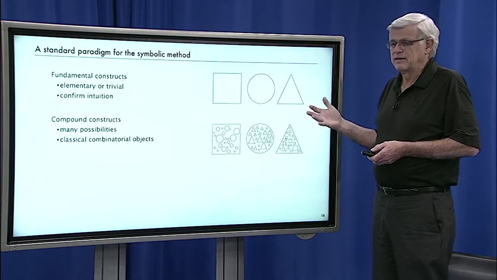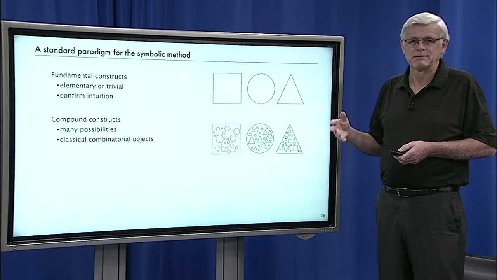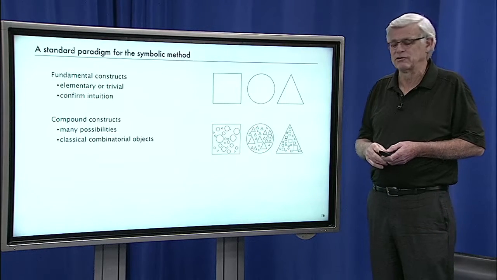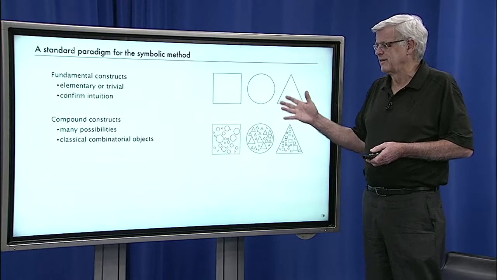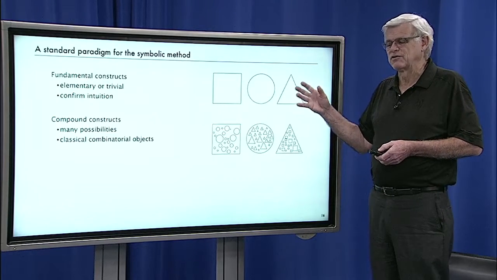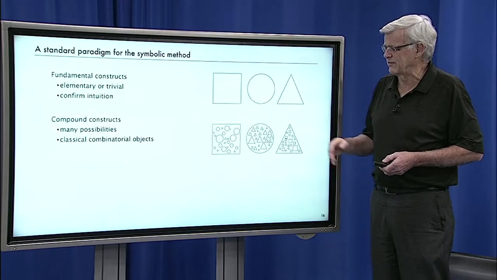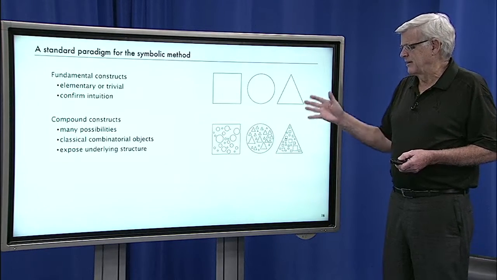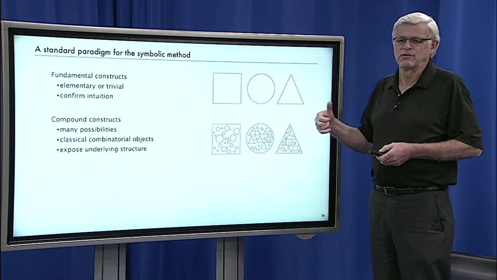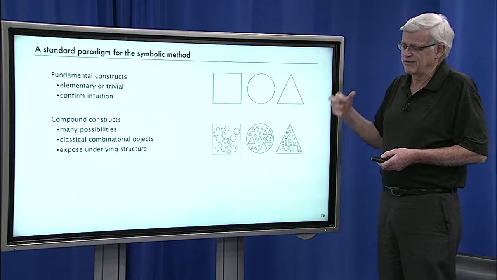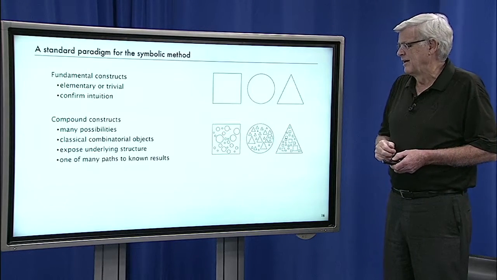And it turns out that even with the simple ones we've described, we can get lots of classic combinatorial objects that have been studied in great detail. We can easily describe them with the symbolic method and get equations that the generating function satisfies. And what these constructs do is expose the underlying structure in some way and then reflect that information in the generating function equation.